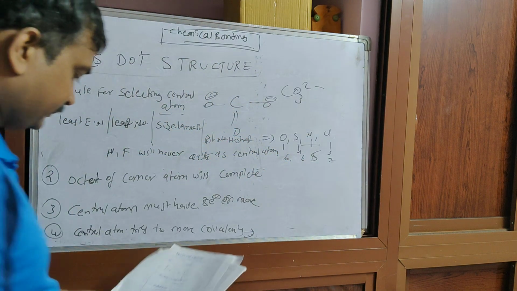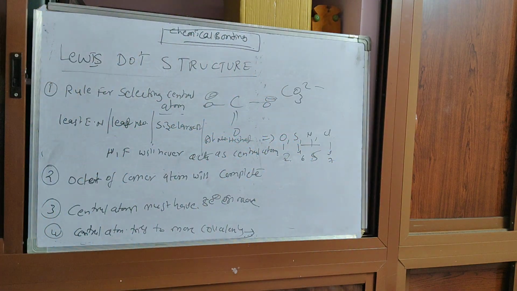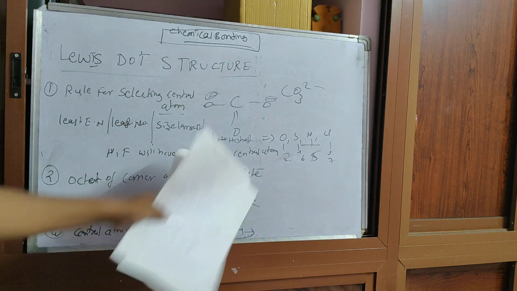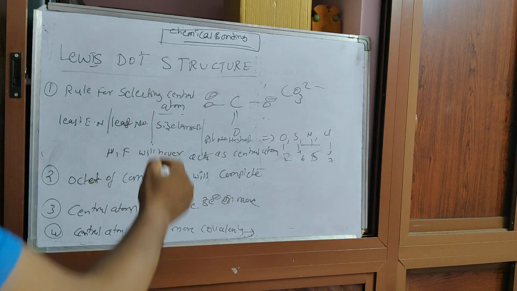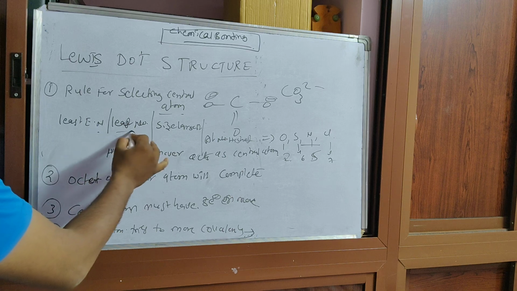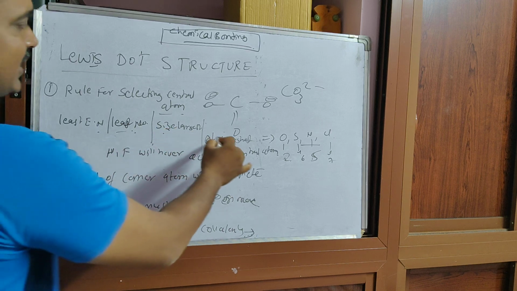This is the second period, that's why these have the covalency. These are the rules for identifying the central atom: least electronegative, number of atoms will be least, size is largest, atomic number is highest.